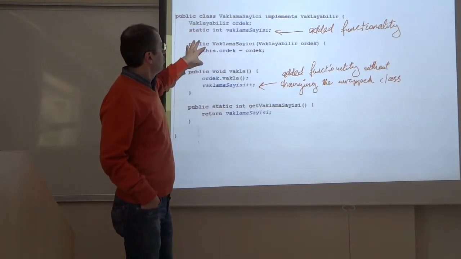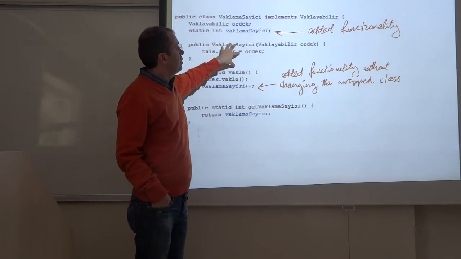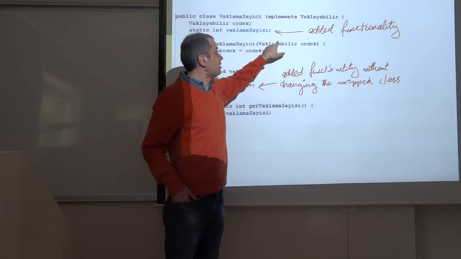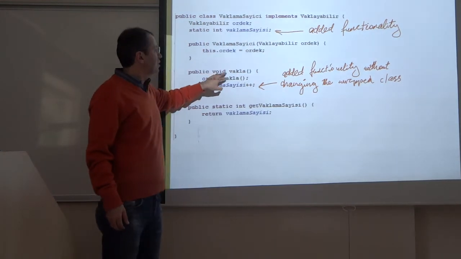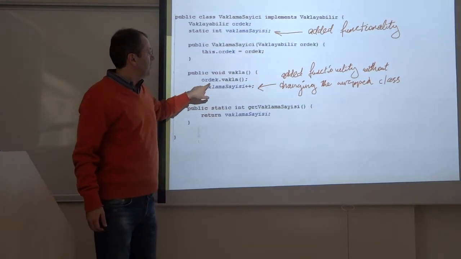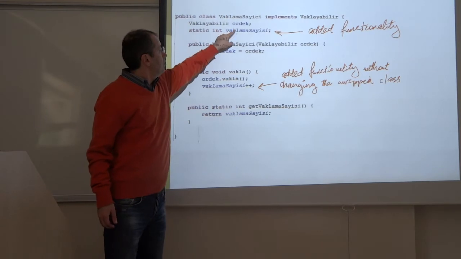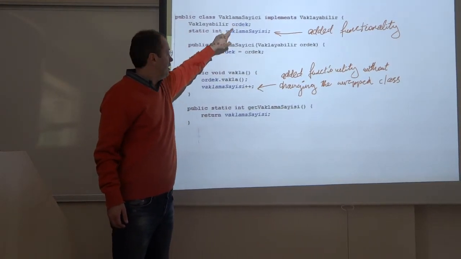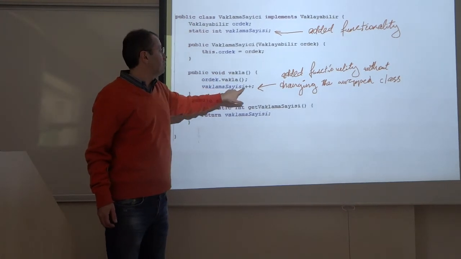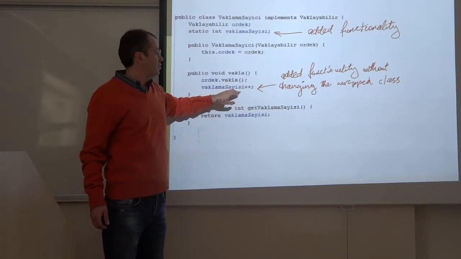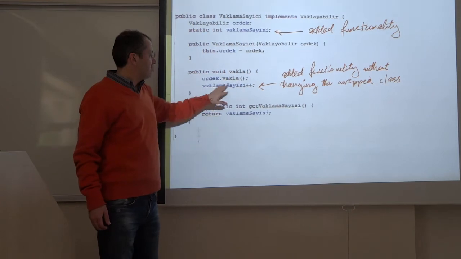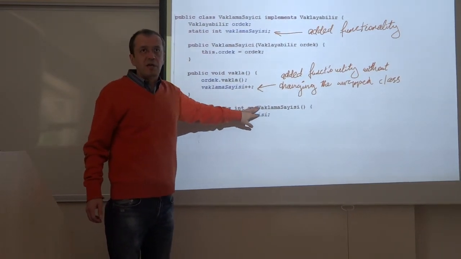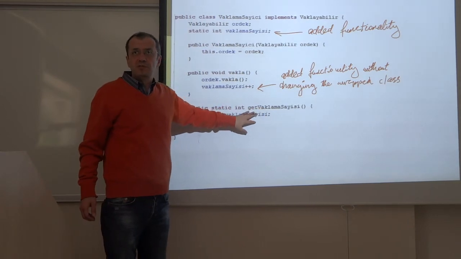All right. When I start this up, I construct it with a duck, and whenever this is called, I call the very same quack command of the duck, and then I increase the count by 1. Whenever someone asks, I give the count number.